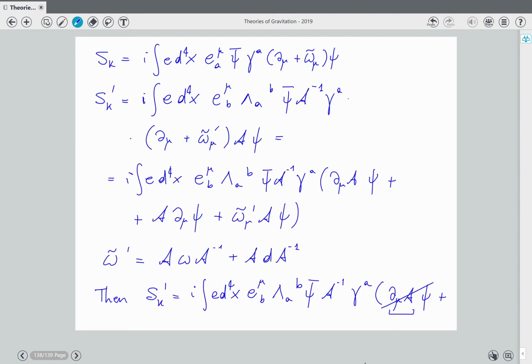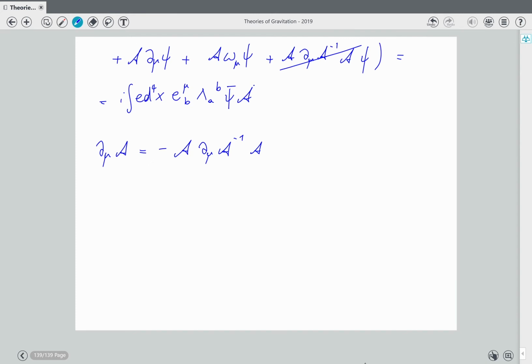So psi bar A to the minus 1, gamma A, then I can factorize an A, curly A, partial mu plus, this is a tilde, omega mu tilde psi.